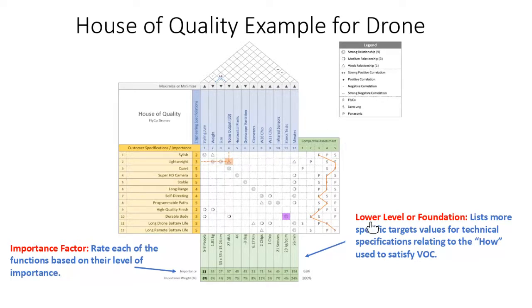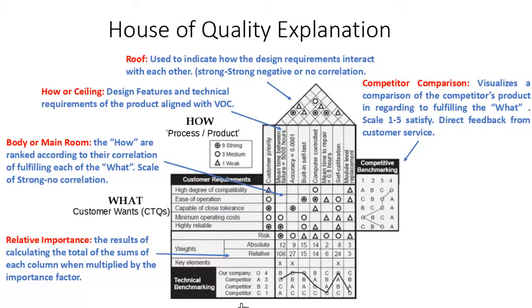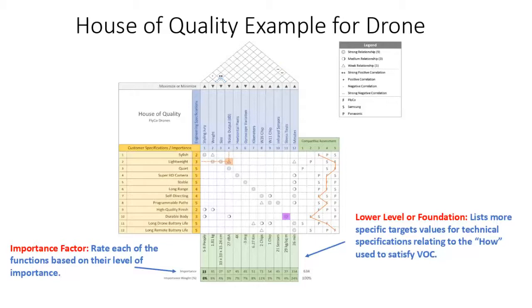So as you can see, this is a further explanation about the structure of the house of quality extended to this example. We call it the lower level or the foundation level of the house of quality, and the importance factor that we have identified here in a different way by showing the benchmark to the other competitors, and we show the cross features that are the key element after we identify the score for each one of those technical requirements.